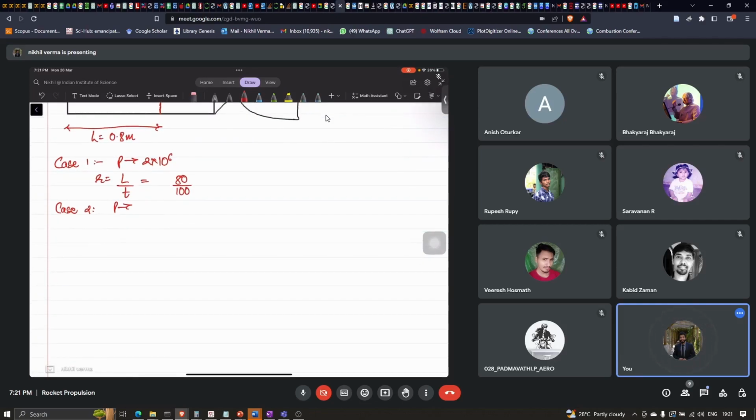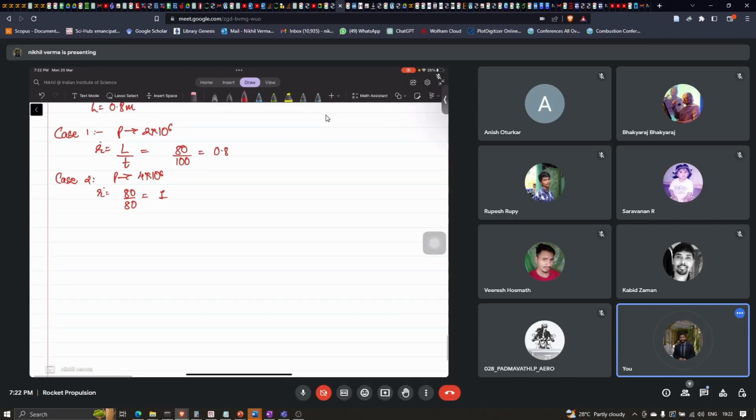And for case 2, when the pressure is 4 megapascals, the R dot is given as 80 by 80, which is 1, and this is 0.8.